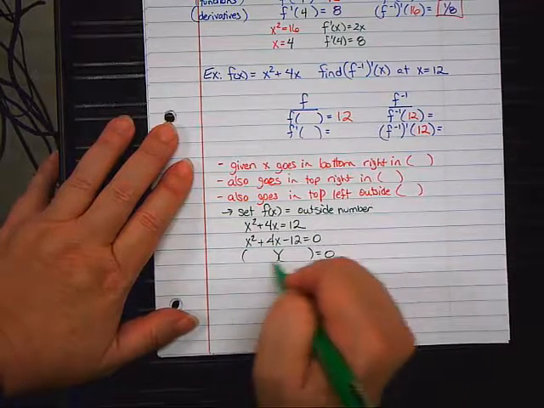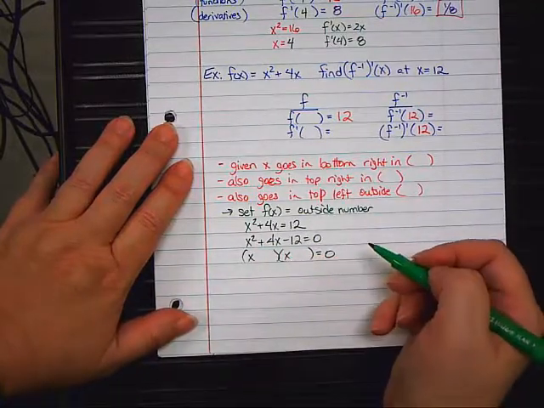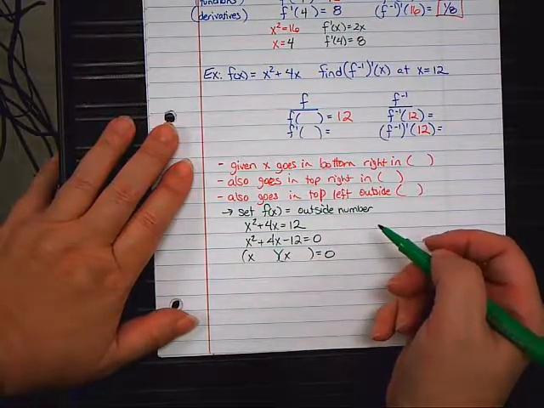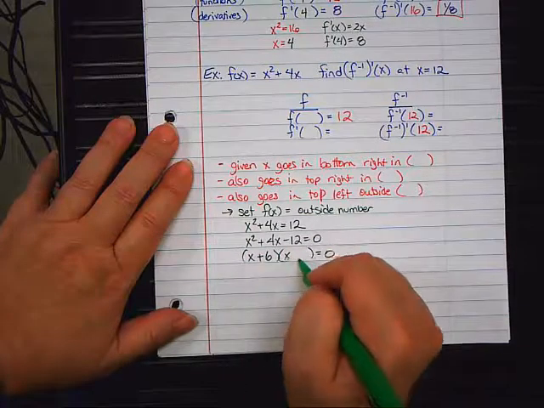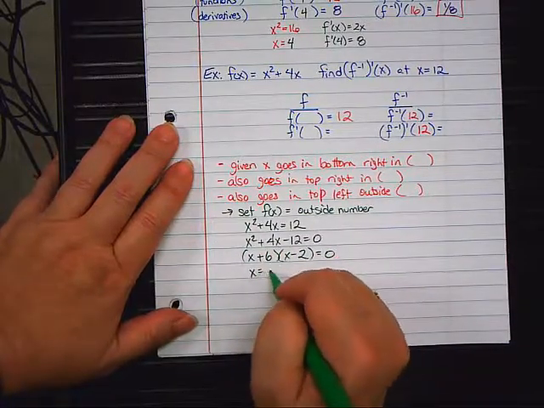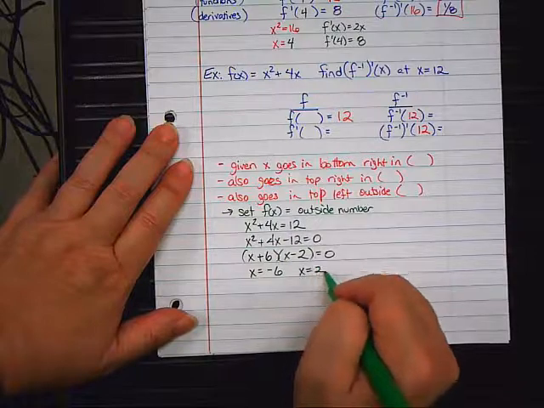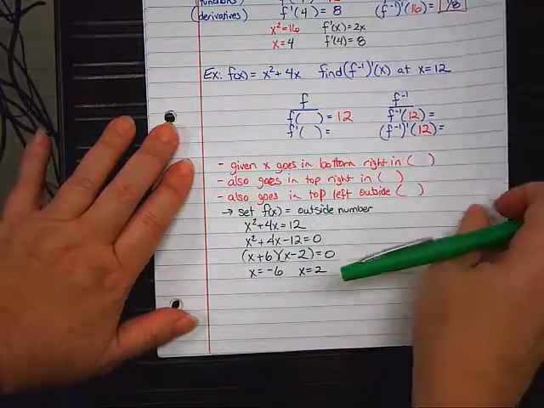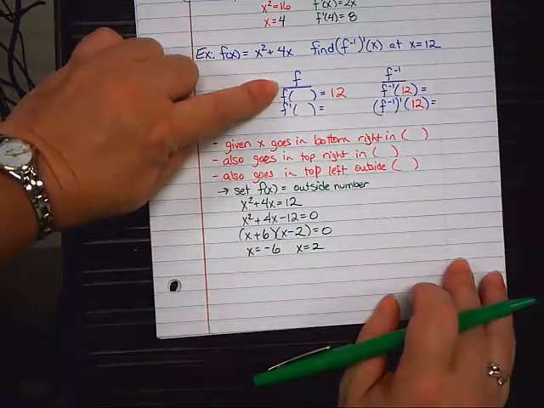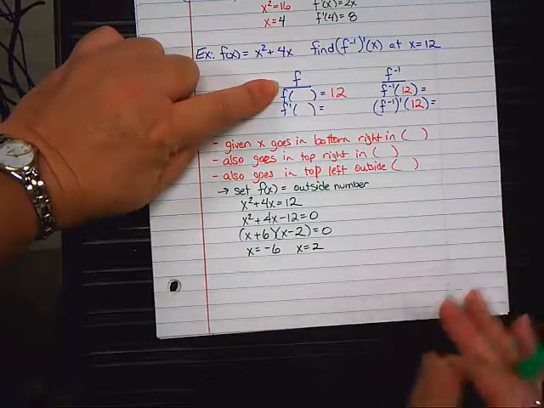And we factor. How's it factor? x plus 6, x minus 2, so we get x equals negative 6, and x equals positive 2. Now, there's only one parenthesis here, so you pick the positive answer.